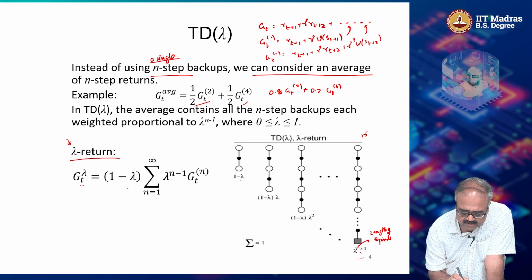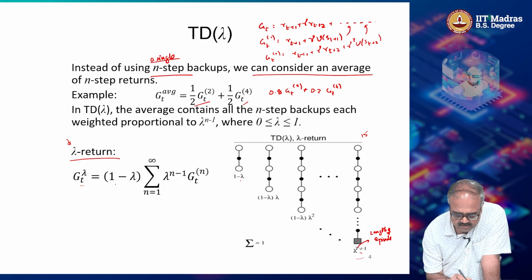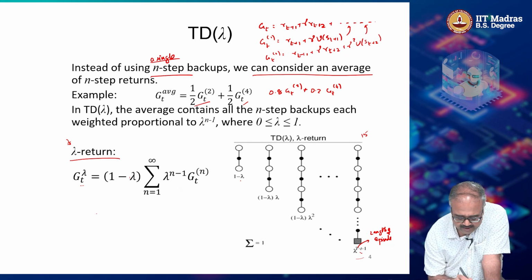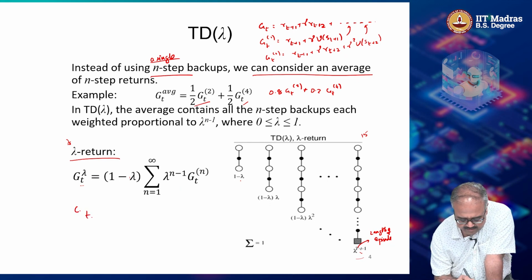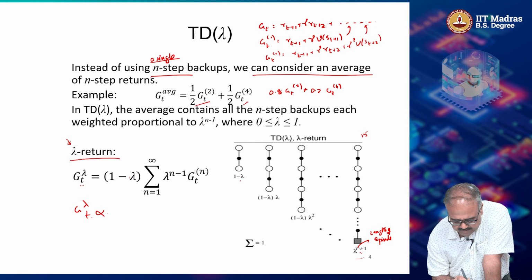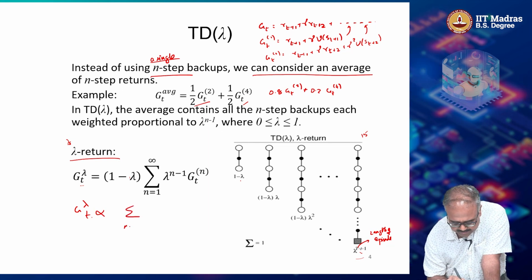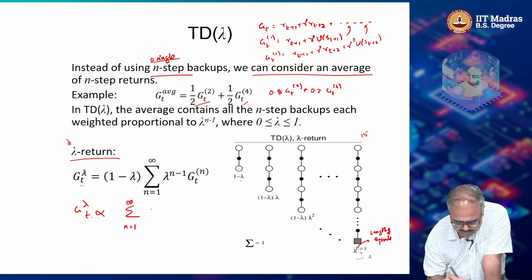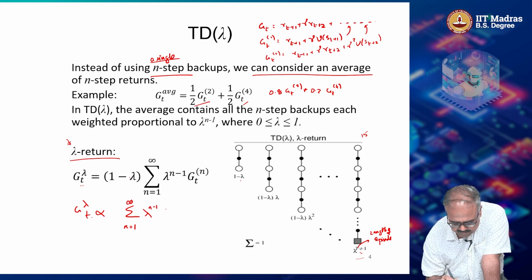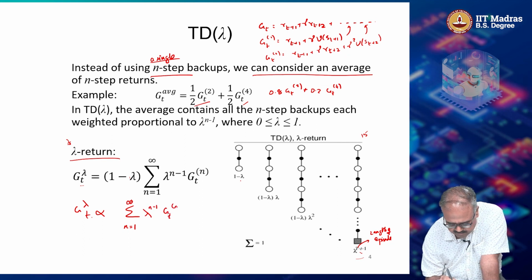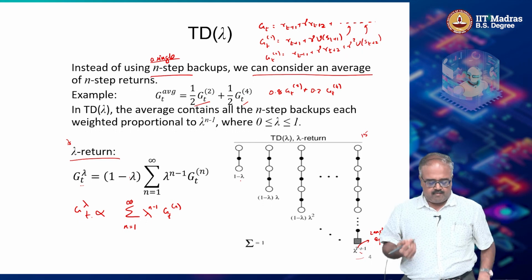So the lambda return is written out like this. It's 1 minus lambda into the summation over n equal 1 to infinity of lambda power n minus 1 times GTn, right. So originally GT lambda is proportional to this sum. That's how we wanted to define it.